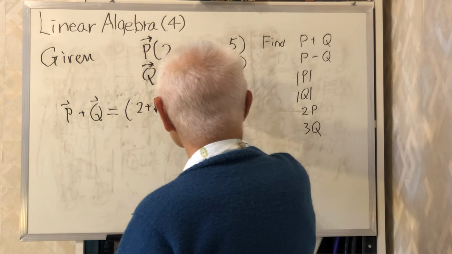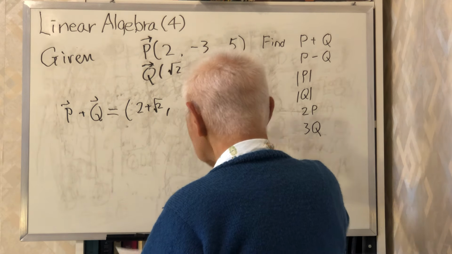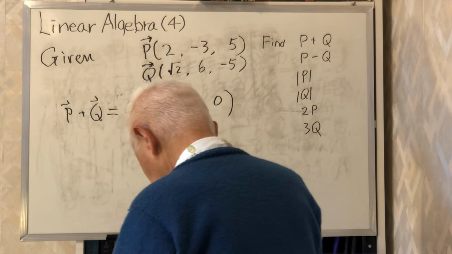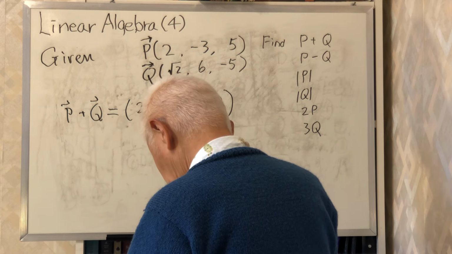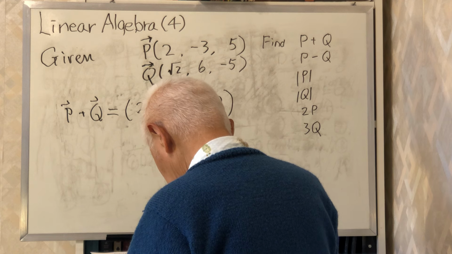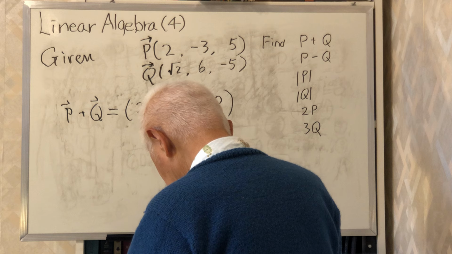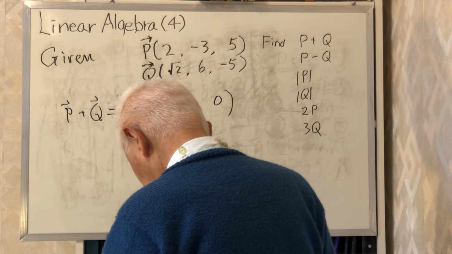This plus that is 3. This plus that is 0. So, I have P plus Q now. P plus Q. All right.